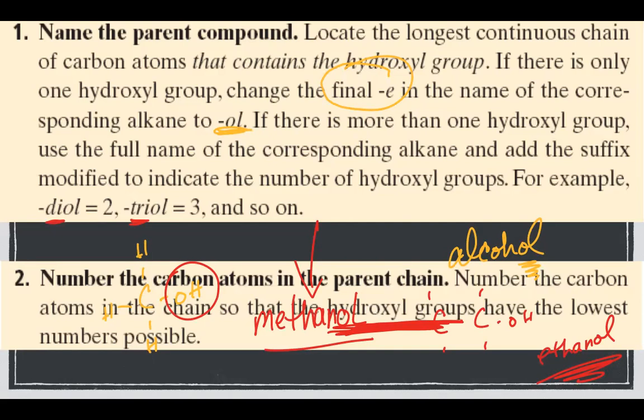So the alkyl groups get the lowest position number. However, once you start adding double bonds, multiple bonds, double, triple bonds, or functional groups, that is what defines the parent compound. That is what gets priority for numbering the carbon chain.